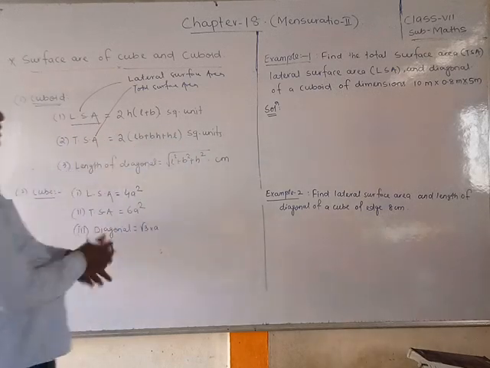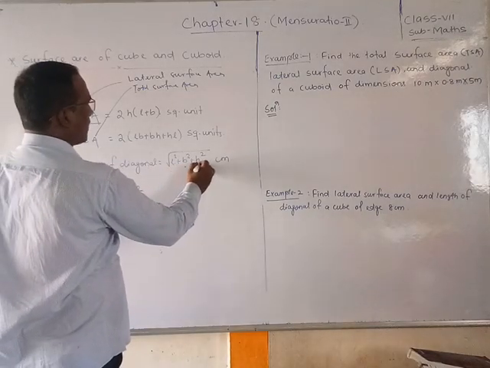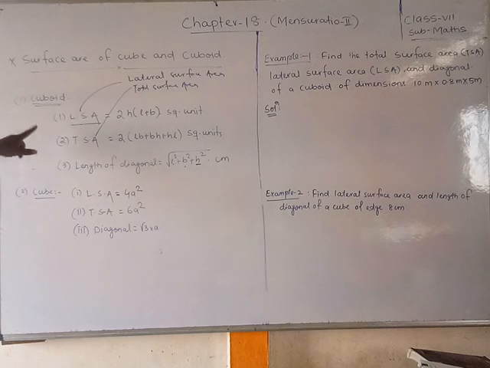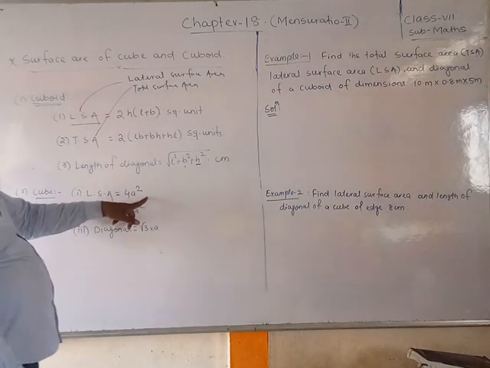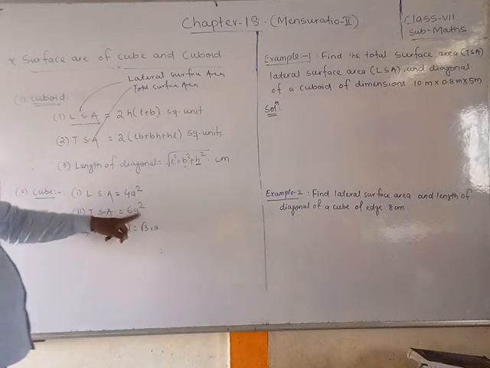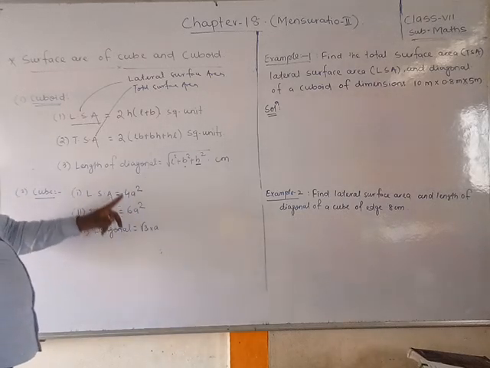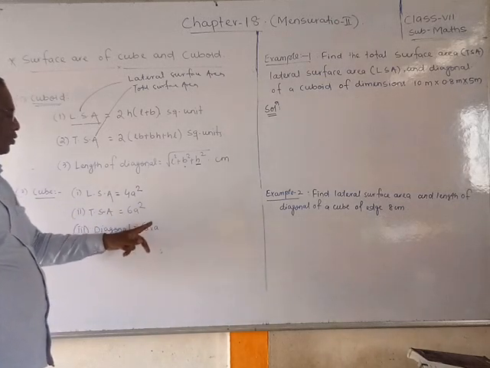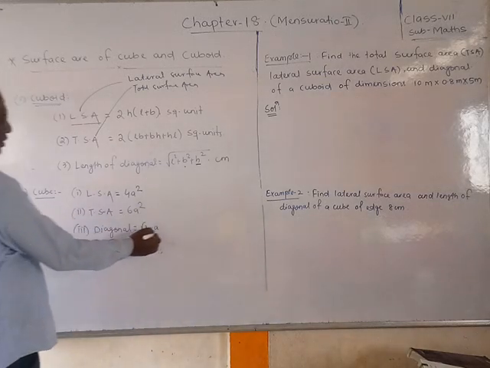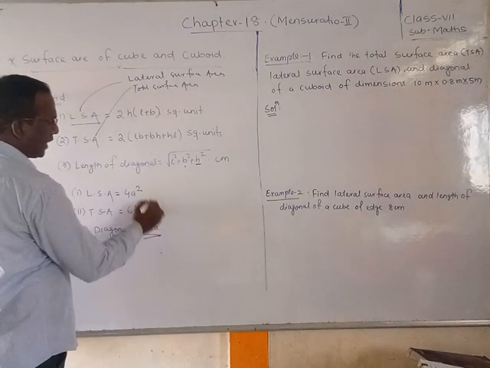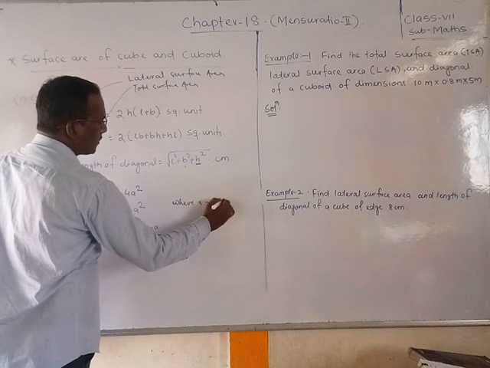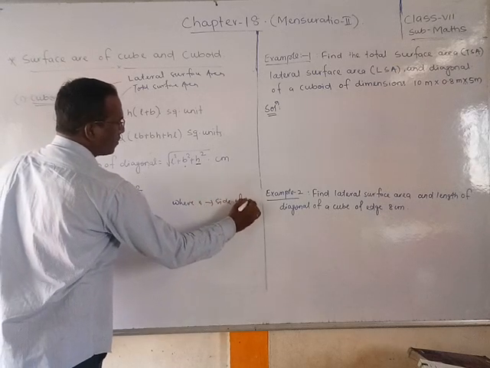The length of the diagonal is root over length square plus breadth square plus height square, centimeter. And for a cube, LSA is 4a square and TSA, total surface area, is 6a square. The diagonal is root 3 into a, where a is the side of the cube.